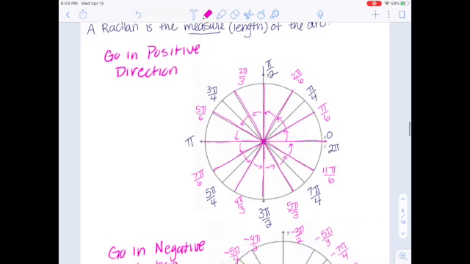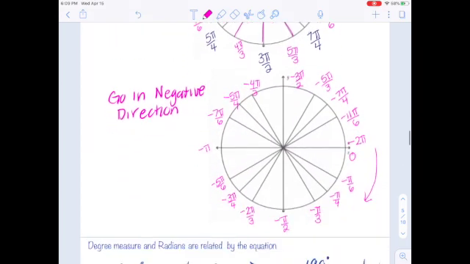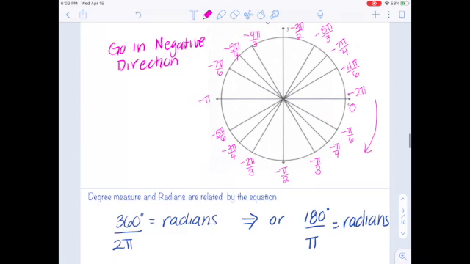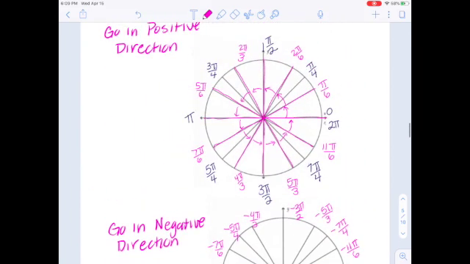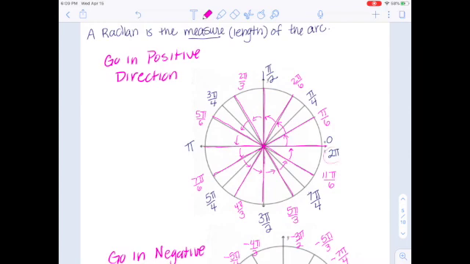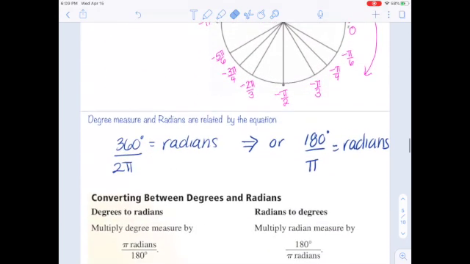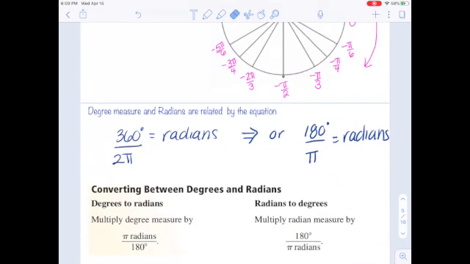I want you to leave these in simplified fraction form and just work with them. We can switch between radians and degrees. So you know that 2 pi is equivalent to 360 degrees, so there is a way to switch between radians and degrees. You should be flexible going from radians to degrees and degrees back to radians.